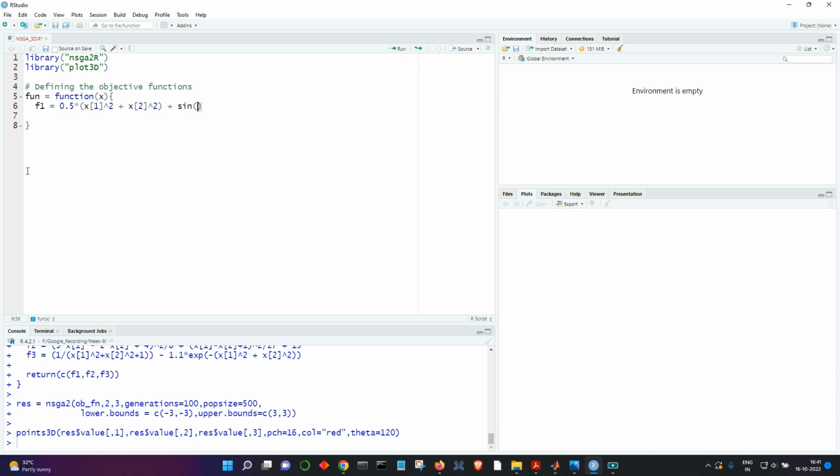Inside that also we have x1 square plus x2 square. This is the first f1. Second objective, f2, we have 3x1 minus 2x2 plus 4, square of the whole thing, then the whole thing divided by 8.